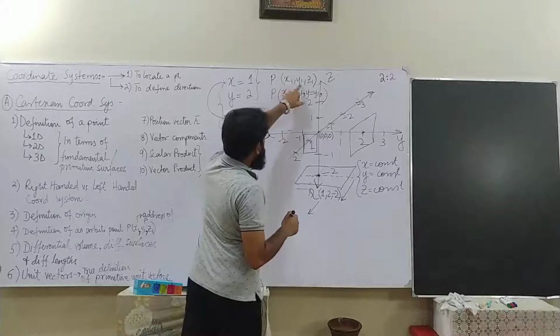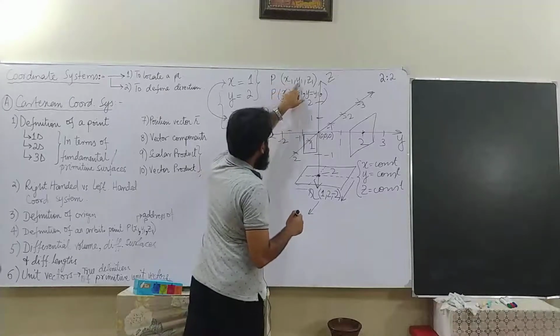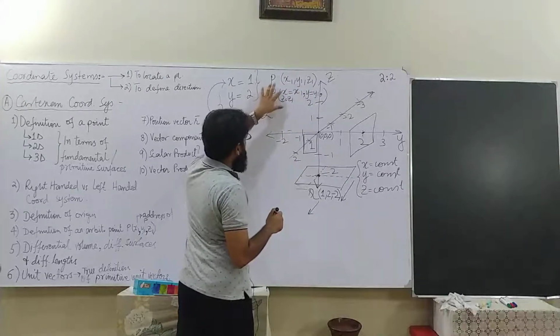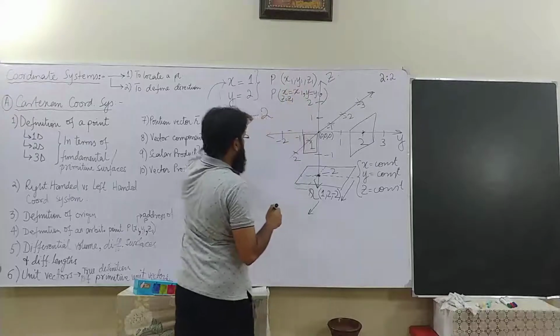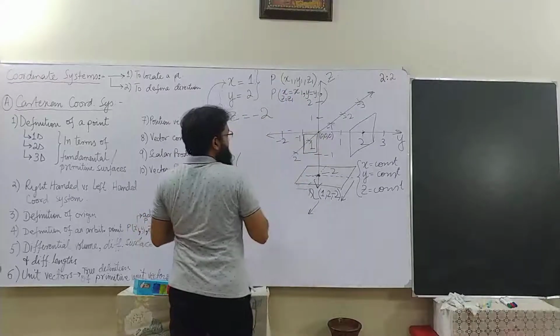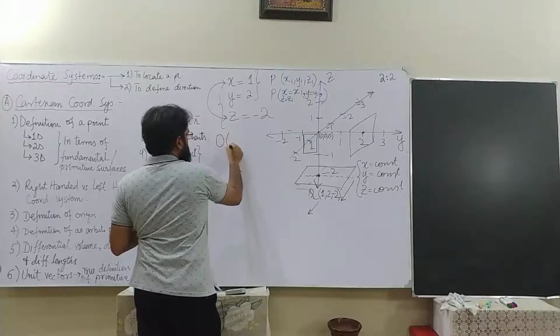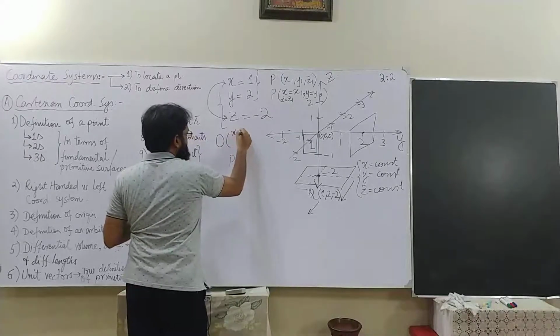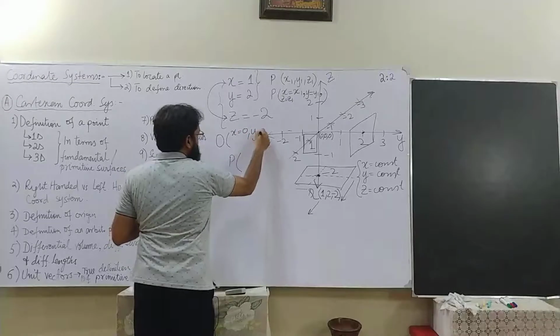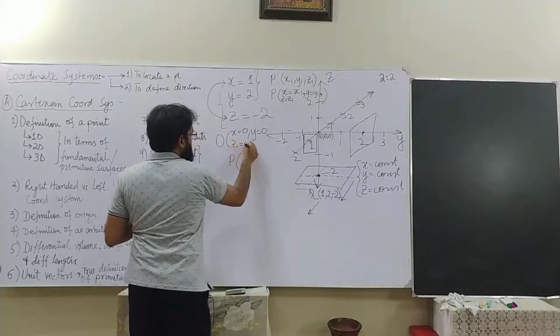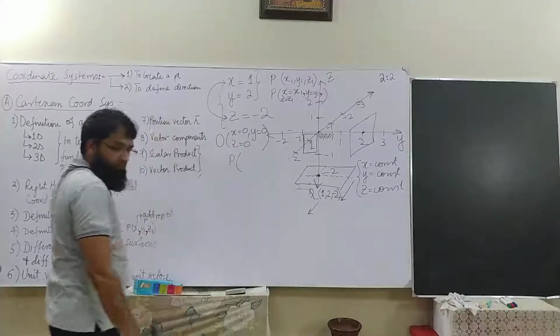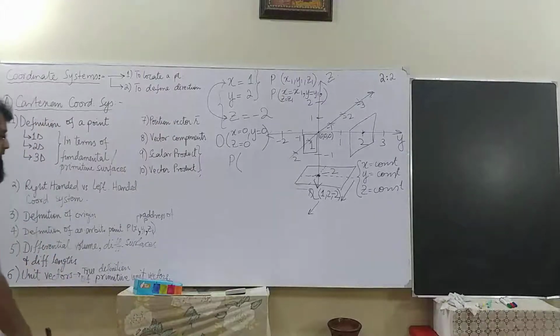As I said, a point x1, y1, z1 is an intersection of x equals x1, y equals y1, z equals z1. Then the origin O is nothing but the intersection of three planes: x equals 0, y equals 0, and z equals 0, that is, 0, 0, 0.